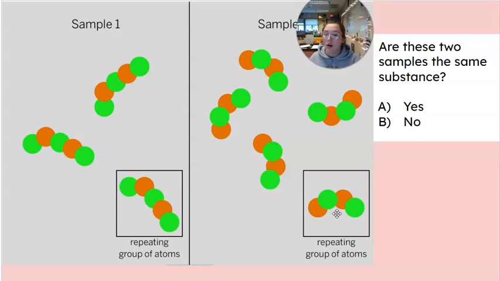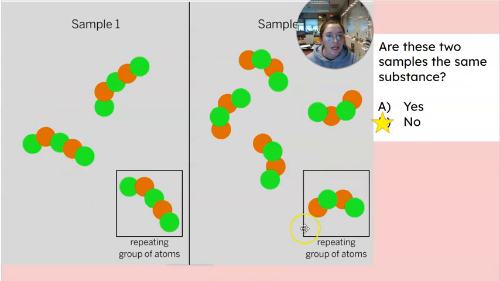Now, it also does not matter if I have 3 molecules here and 5 molecules here. How many there are doesn't make it different or the same. How many there are decides how much I have. So if I have 3 molecules here, and this is a liquid substance, that would be a small cup.